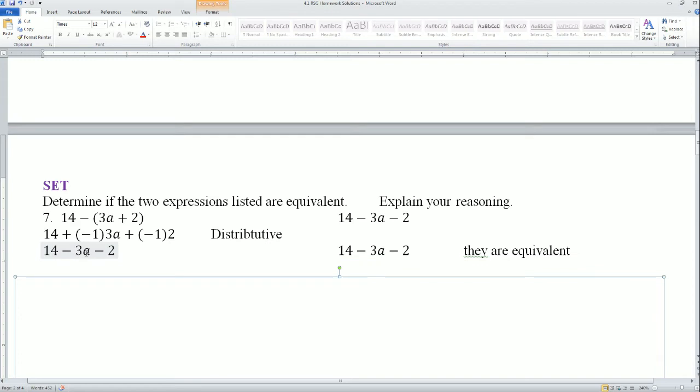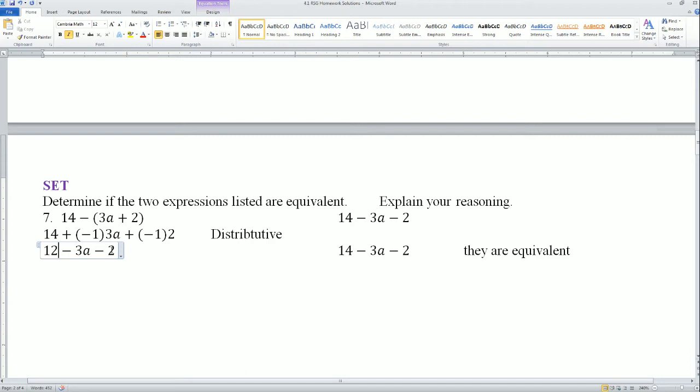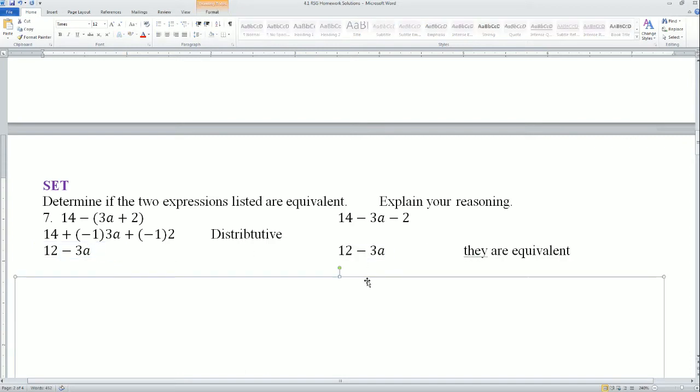Simplify, you get 14 minus 3a minus 2. Those look exactly the same, so they are equivalent. Or you could simplify a little bit further. If you subtract the 2 here, this becomes 12. This would be a more complete answer, okay? Because this is simplified since there are no more like terms.